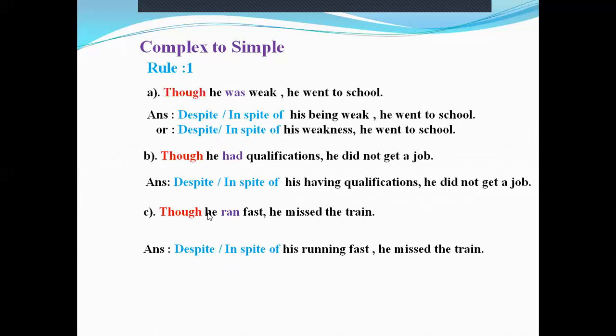Here the possessive form of he is his, then ran is the principal verb, use ing after it, so it will be running, then the rest of the sentence. So the answer is despite or in spite of his running fast, he missed the train.